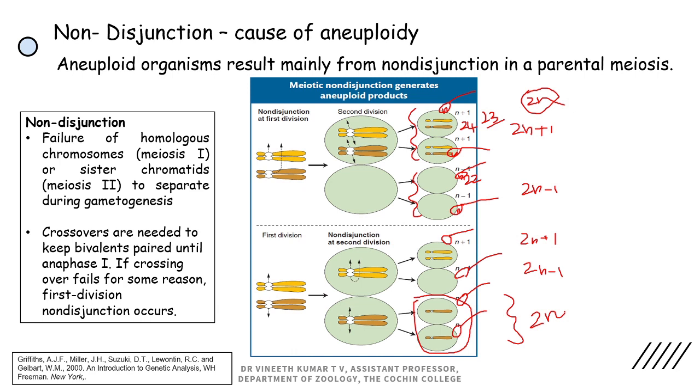Usually it is associated with the age of the mother, because if a particular female is conceiving after the age of 45, there are more chances of aneuploid offsprings forming. There is also a genetic predisposition.